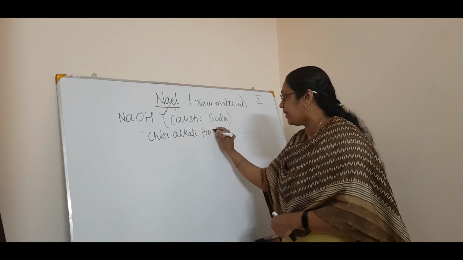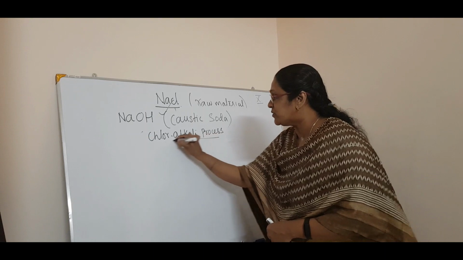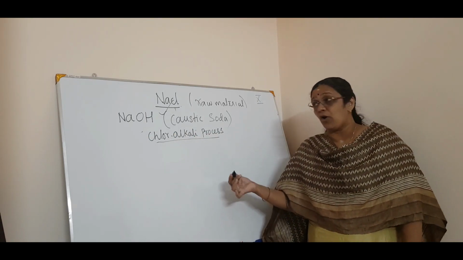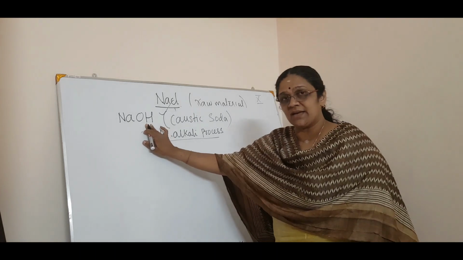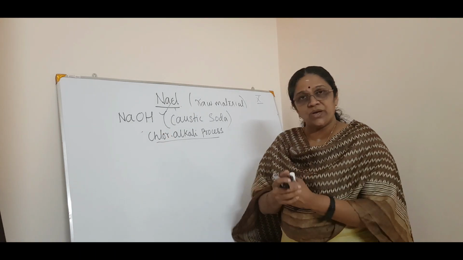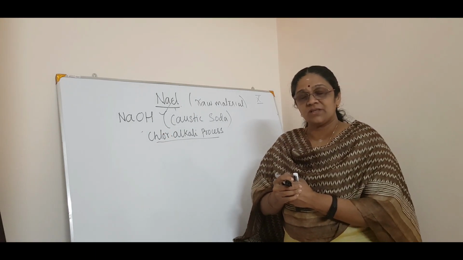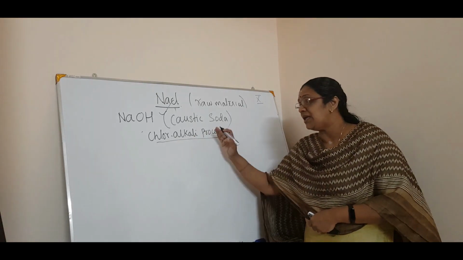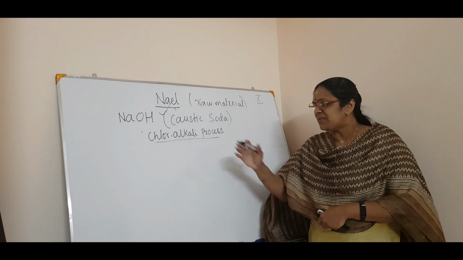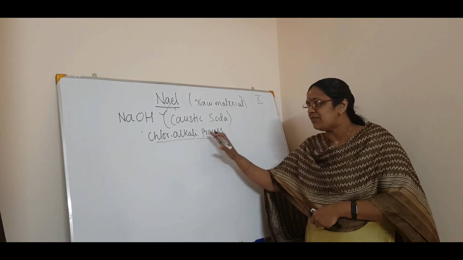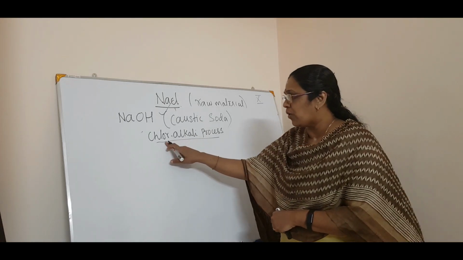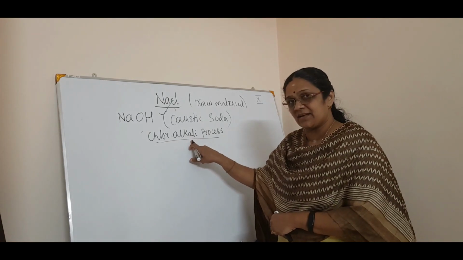By this process, you can produce sodium hydroxide. Now we will see what exactly this chlor-alkali process is. From the name itself you can have some idea: chlorine is there and alkali is there.